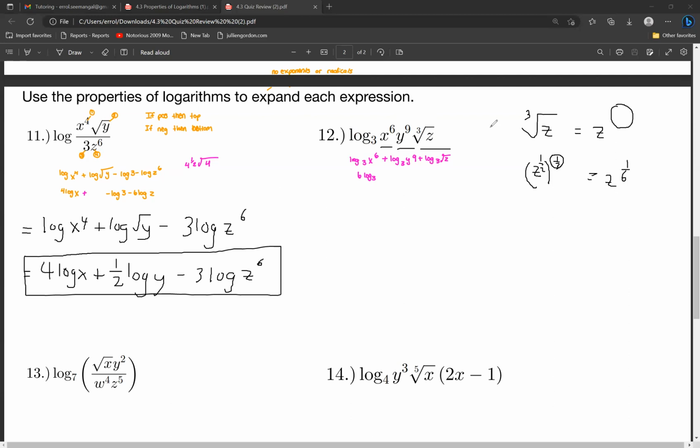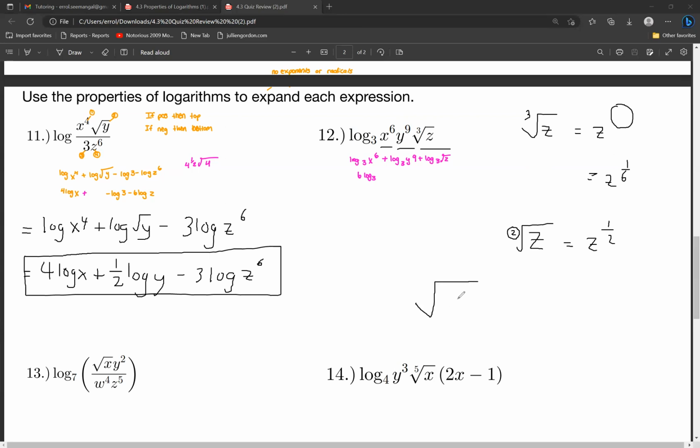How do you know to do that? Okay, good question. This is how I know. We know a couple of things. Z to the root z is z to the half, we know that. What's the number right here? If there's no number, what number is it? 2.